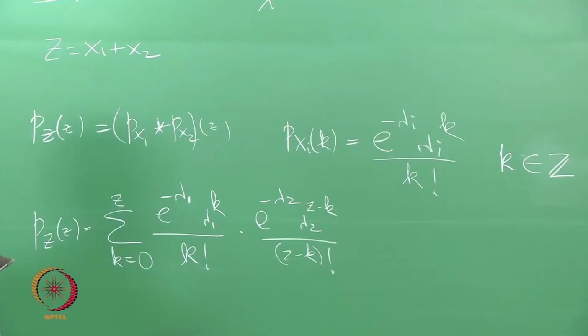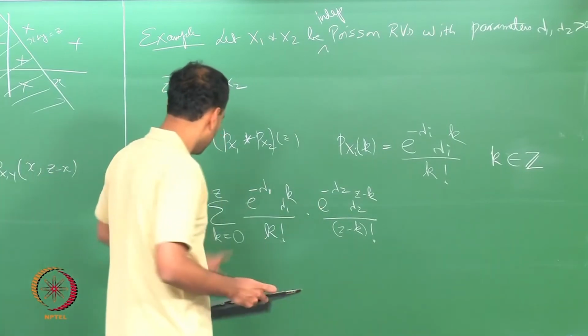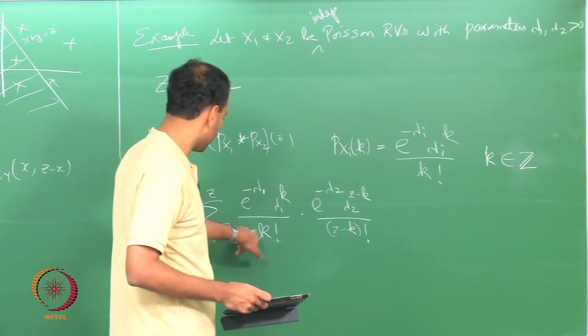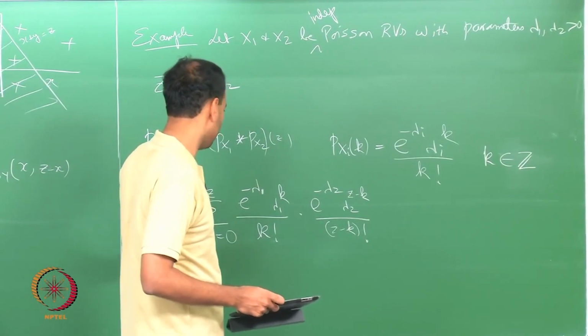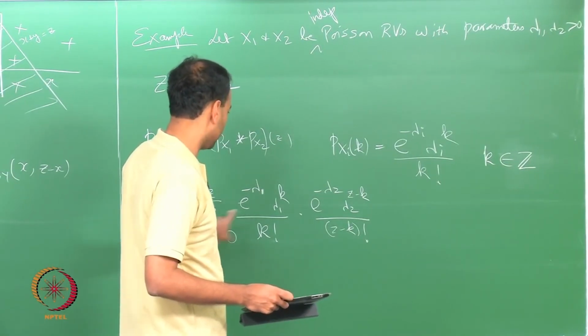Now, this looks ugly as of now, but you can simplify it. This looks invitingly like z choose k, isn't it. If I put a z factorial here and divide by z factorial, I will get a nice term.